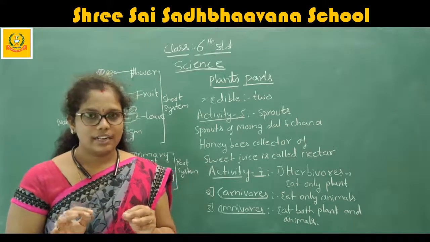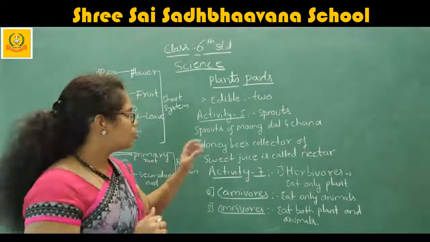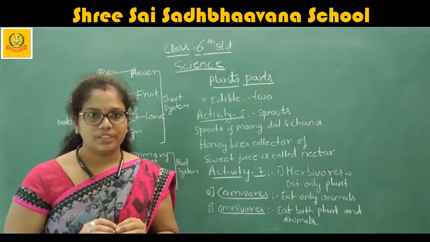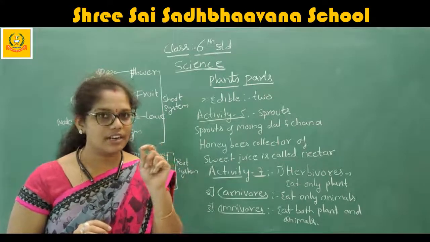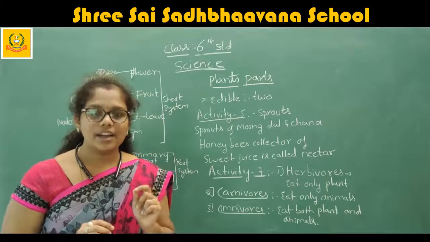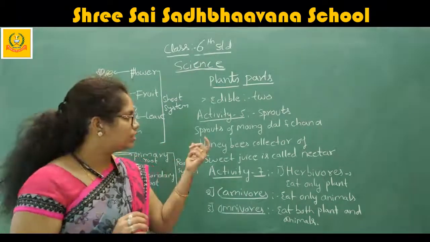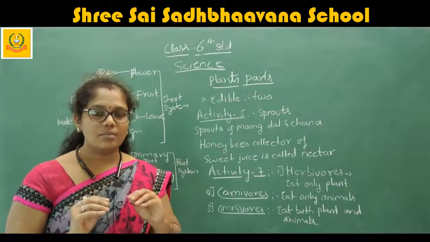That kabul kalle kalu is nothing but the channa. And moong dal is nothing but your esru kalu, the green color. ಹಸಿರು ಬಣ್ಣದ ಕಾಳು ಕಾಣಿಸುತ್ತೆ ಗೊತ್ತಾ ನಿಮಗೆ, that is called moong dal. And channa is nothing but your kabul kalle kalu.